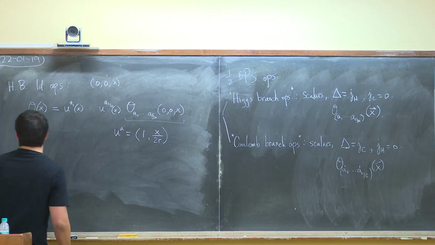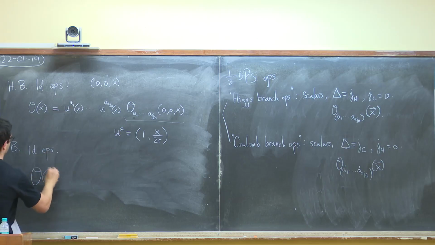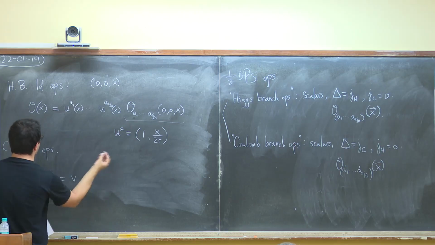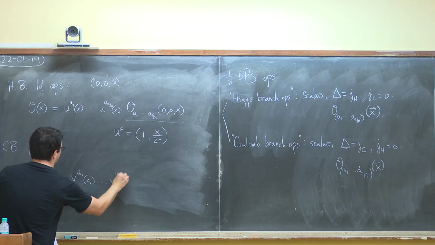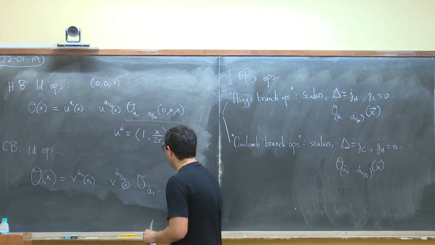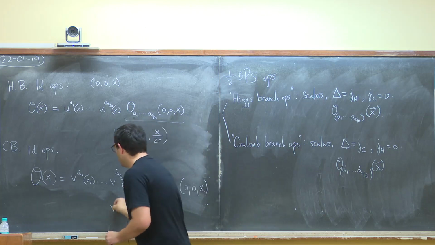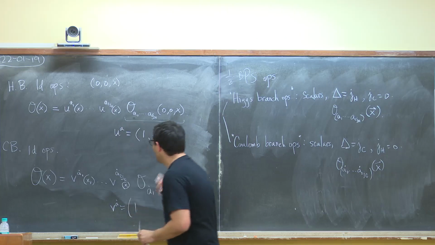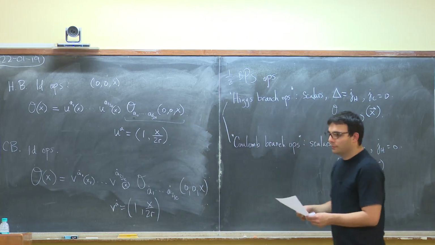Got it. Okay. And there's the Coulomb branch 1D operators O of x, which are constructed in the exact same way: V_{A1...A2J_C}(x), multiplied by the operator O^{A1 through A2J_C}(x), where we can take this V to be the same thing, or we can take it to be something else that's related to it by SU(2)_C rotations.